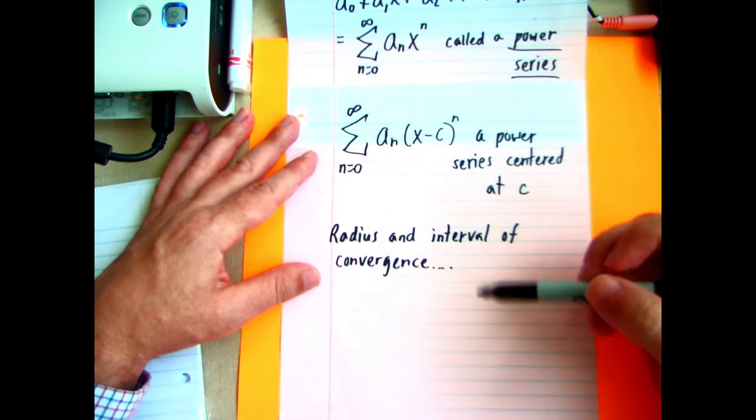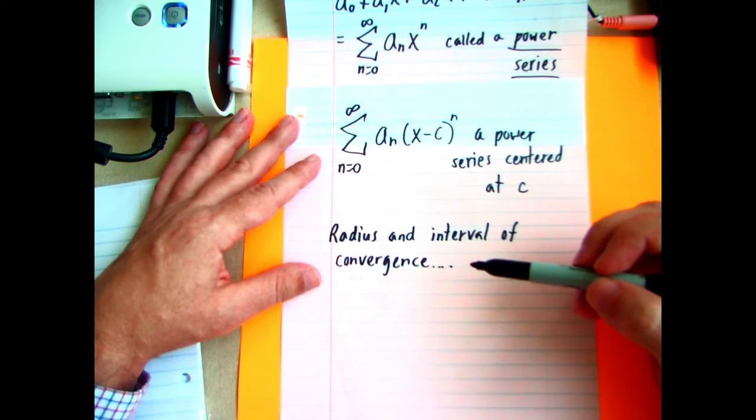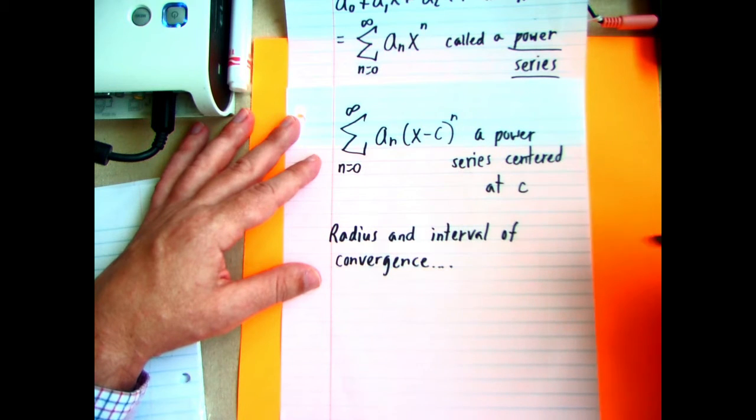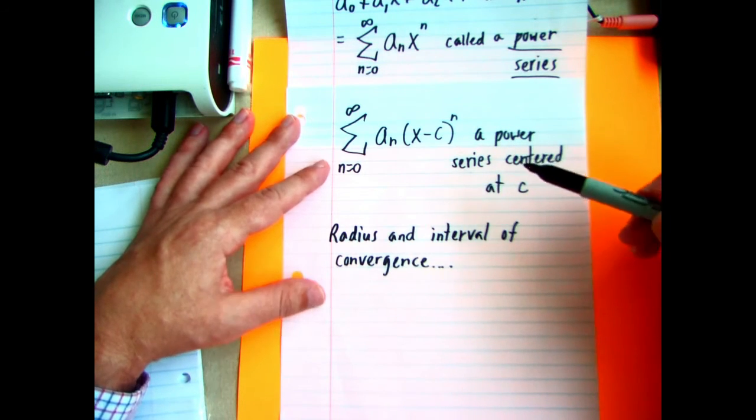So that's where this radius and interval of convergence comes in. There's going to be a specific interval in and around the center that will yield results that converge, results that are good to us.